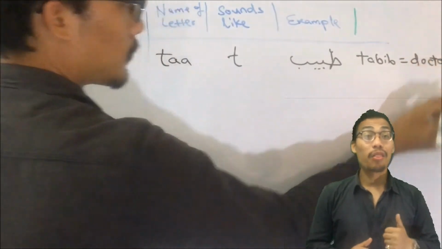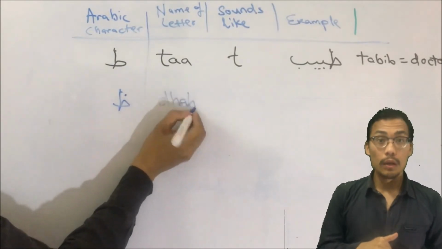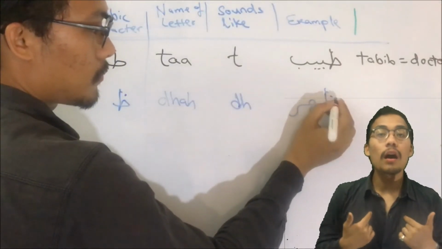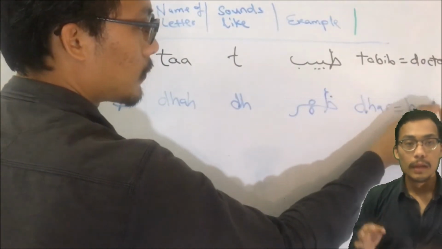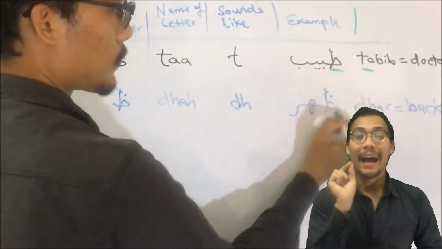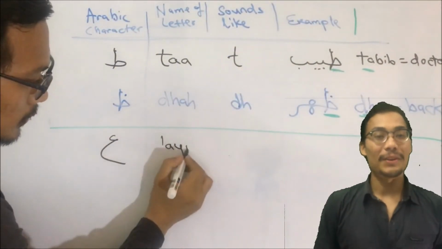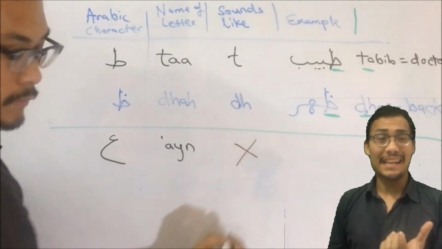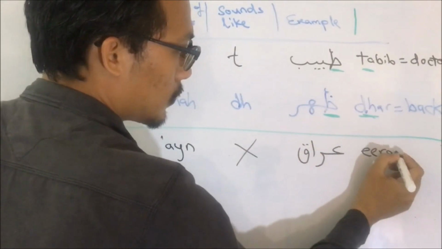Next alphabet, Dha. Take the TH as in deuce and draw it to the back of your throat. Example, Dhahar. The next alphabet is very interesting. Ain. There is no equivalent in any of the Romance languages, so just remember it as A. For example, Iraq.